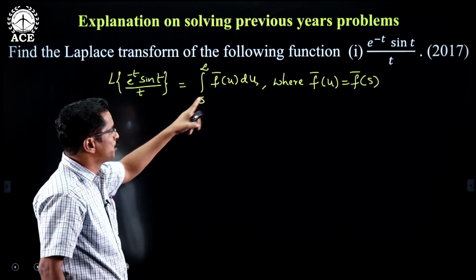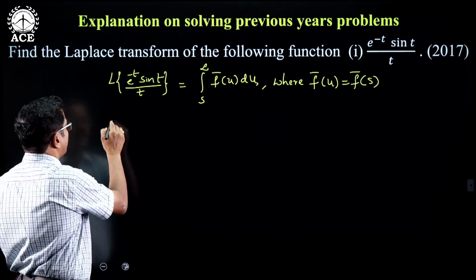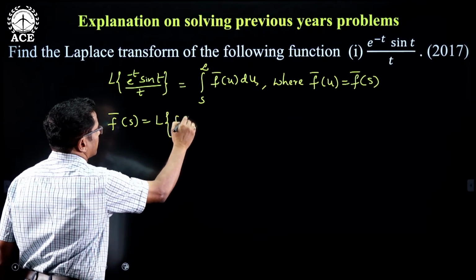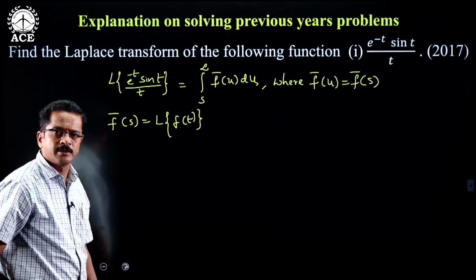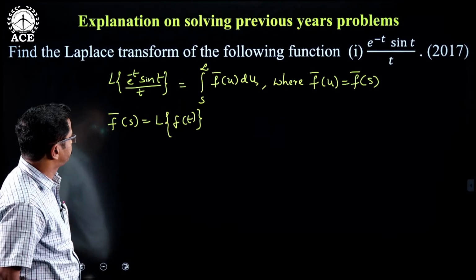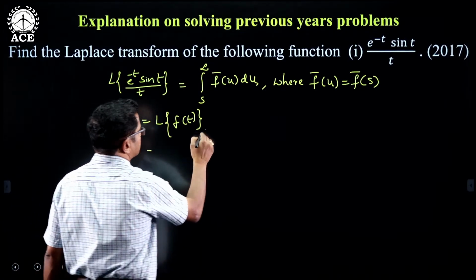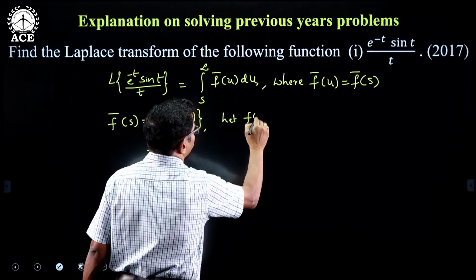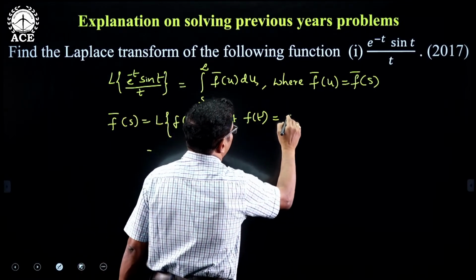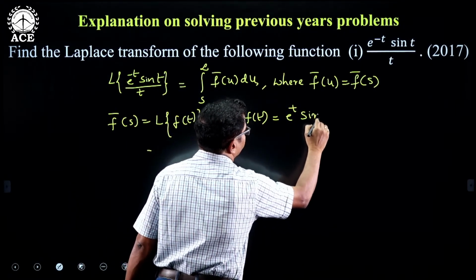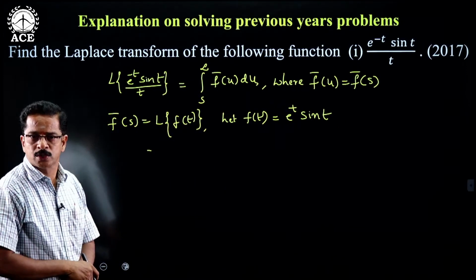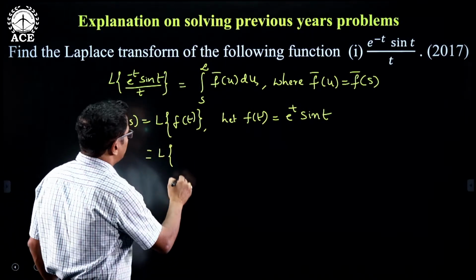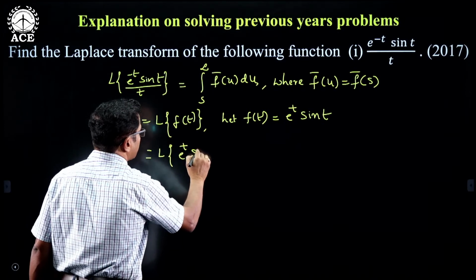So to evaluate this, you require f bar of s. Here f bar of s equals L of f of t, where f of t equals what? Let us take f of t equals e power t sin t, which is L of e power t sin t.